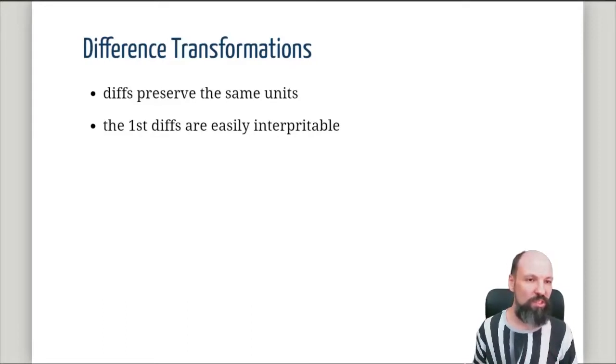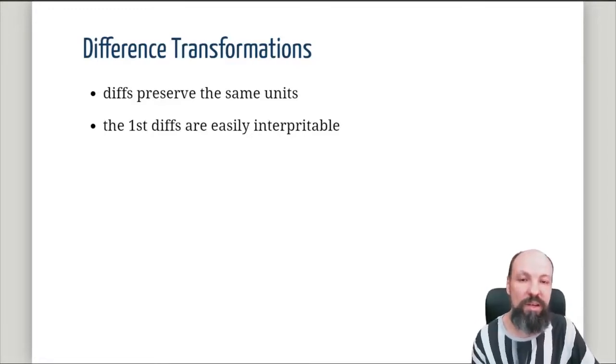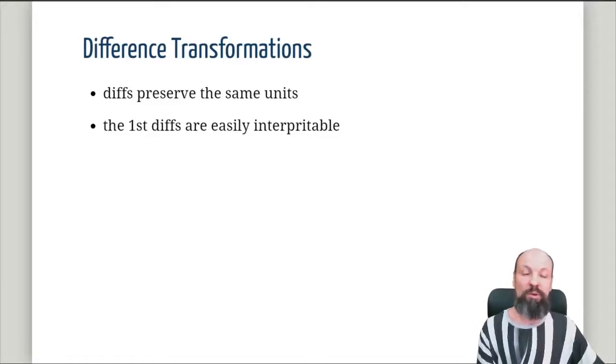It will be just change in change, but still measured in the same units. And this only makes sense if the original units are additive. If they are not, then the whole transformation might not make sense. Mathematically, statistically, it still can be used, but it would be hard to interpret it. And because of that, when the units are interpretable like that, when they are additive, the first differences are very easy to interpret.